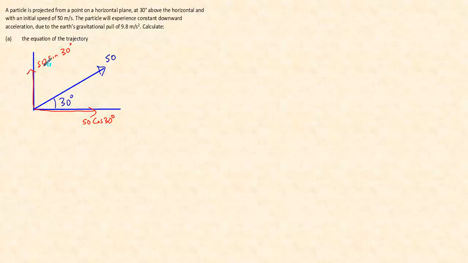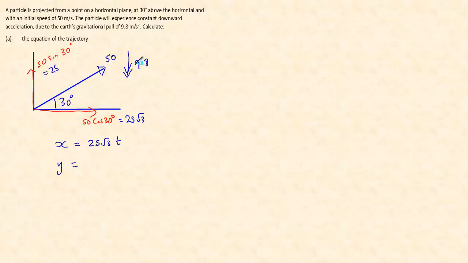Now we know sine 30 is a half, so this is equal to 25, and we know that cos 30 is root 3 over 2, so this is 25 root 3. The acceleration is vertical. So with no horizontal acceleration, the distance travelled in this direction would be 25 root 3 t.